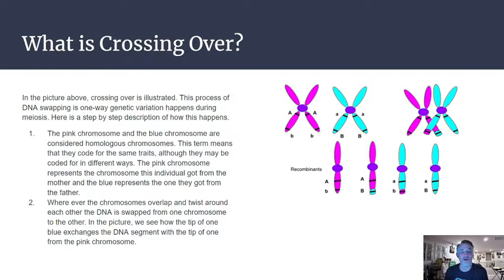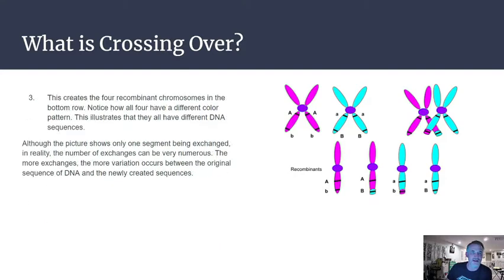Wherever the chromosomes overlap and twist around each other, the DNA can be swapped from one chromosome to another. In this picture, we see how the tip of the blue one exchanges with the DNA segment of the tip of the pink chromosome, and we get 4 possible combinations, right? So this creates 4 recombinant chromosomes in the bottom row.